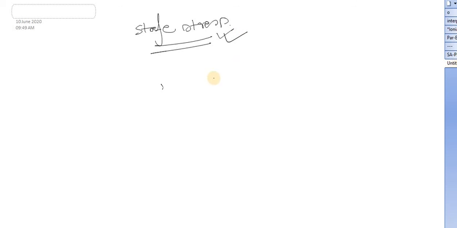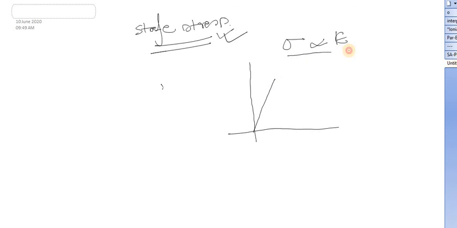Okay, so just now we have discussed that your stress simply follows the linear relation with your strain, or you can draw this like this. But this relation is valid for a certain limit.